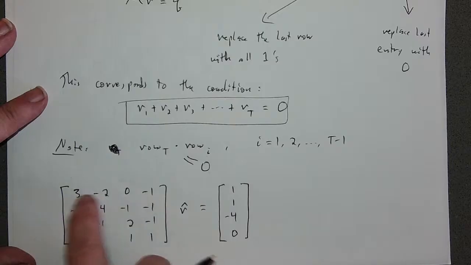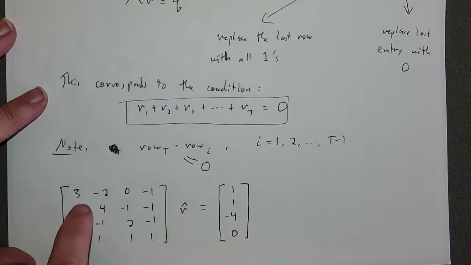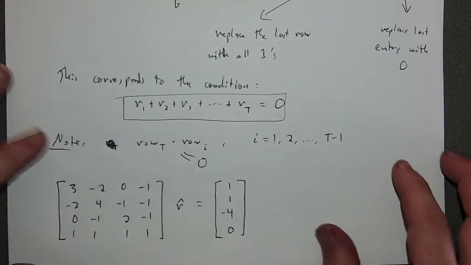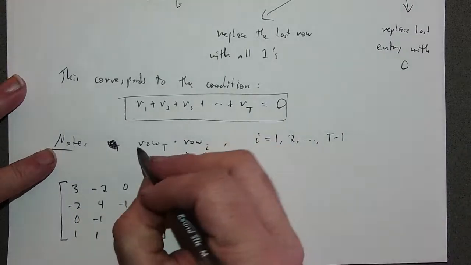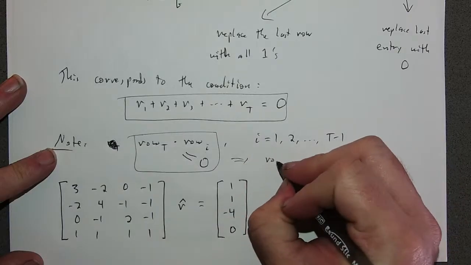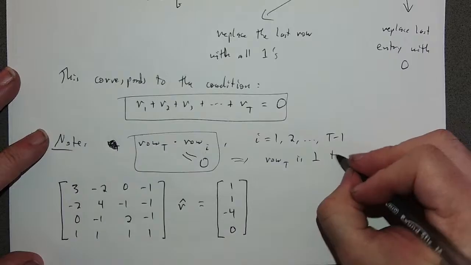So summing the row, everything off the diagonal has a minus, so this is going to be minus the total number of games that Team 1 played, plus the number of games Team 1 played. So that's it. All these are going to be 0. So this is what I get, which means that row T is perpendicular or orthogonal to all other rows.